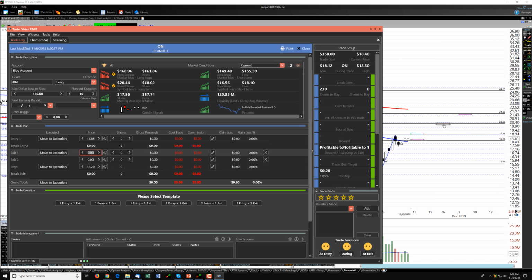With a first target up here at 20.25, and that second target up there about 21.60. Let's just look at a couple hundred shares. Wow, it's still too big. Close enough.